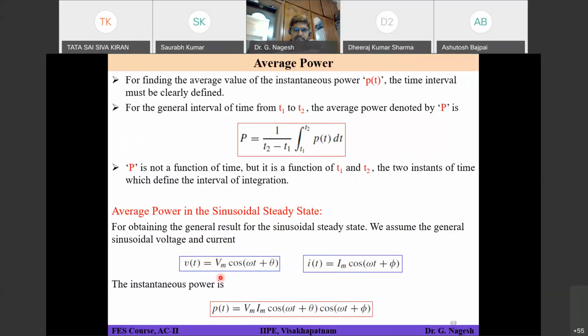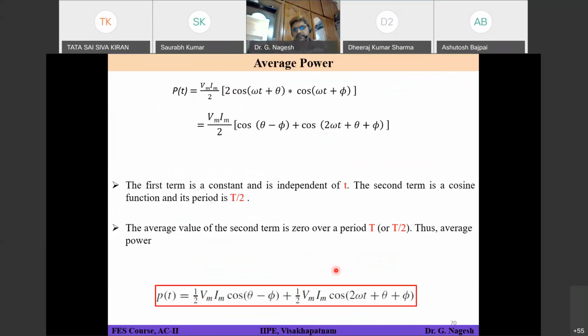Here Vm means the maximum value, or the amplitude, of your time domain function. Similarly, Im stands for the maximum value of the current. So you said that I square into R is the power absorbed by the resistor. In that case, I is the RMS value. Here it is the maximum value. That's why you got that by 2. After that, we will discuss what the RMS value is. Then we will come back to what you have said just now.